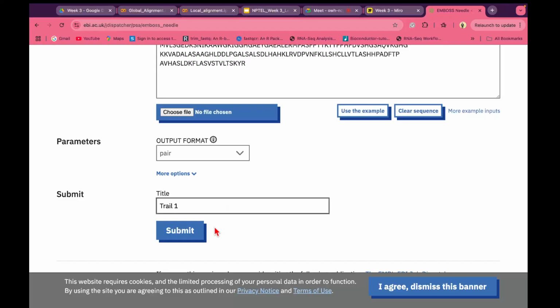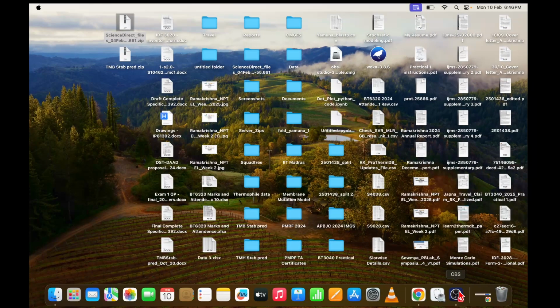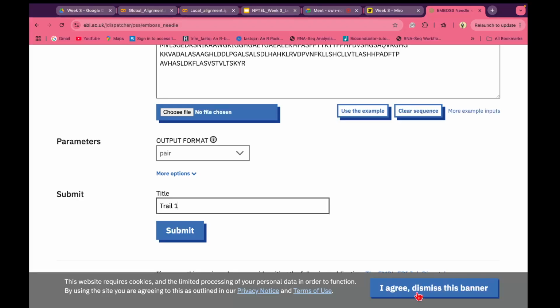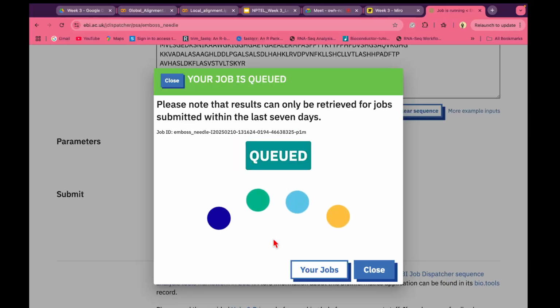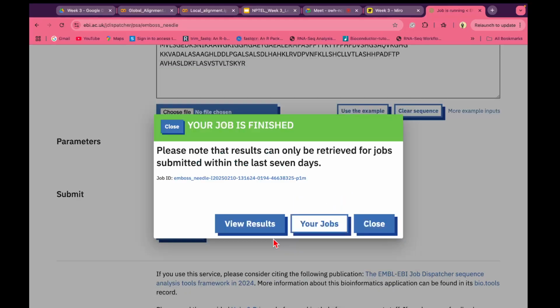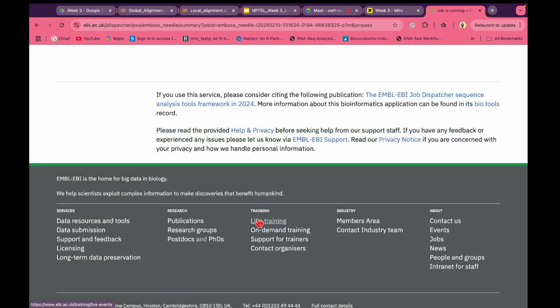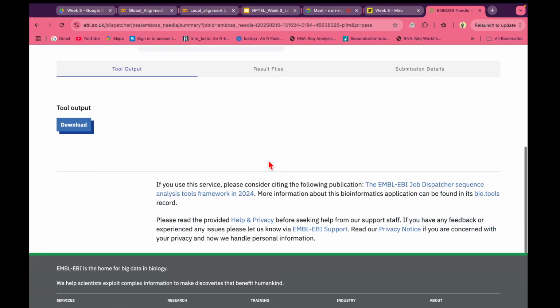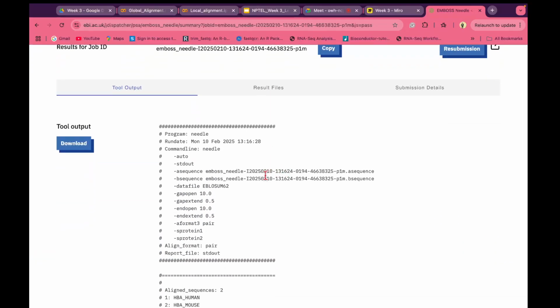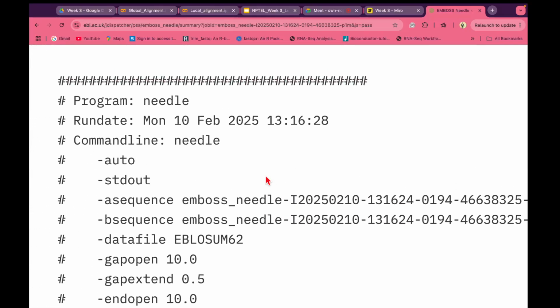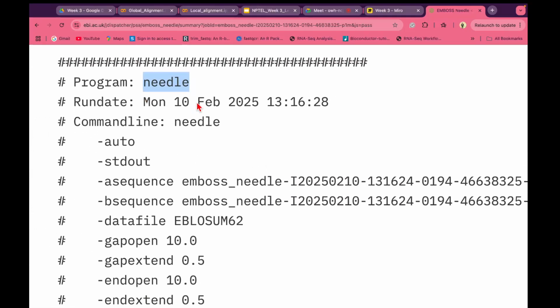Then I'm just giving trial 1. In just a couple of seconds the results will be displayed. Here the details have been given. The program is needle.